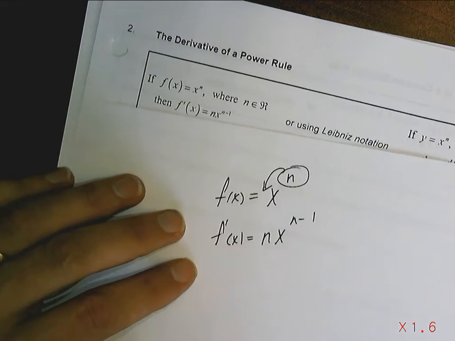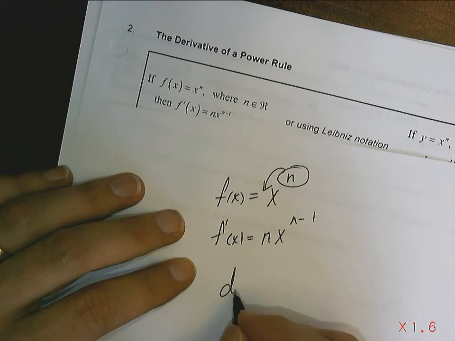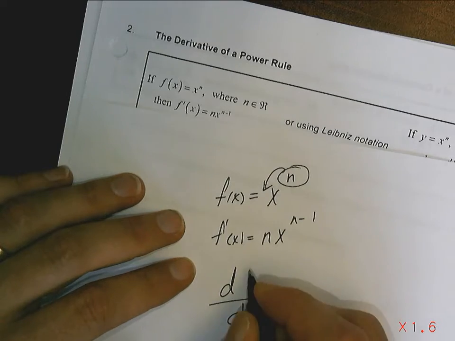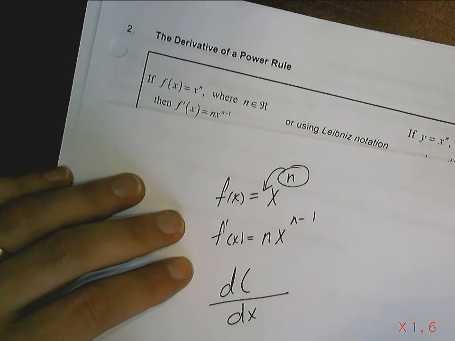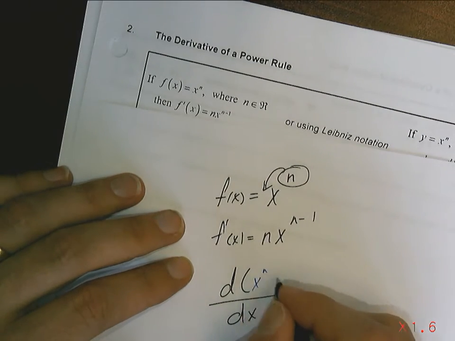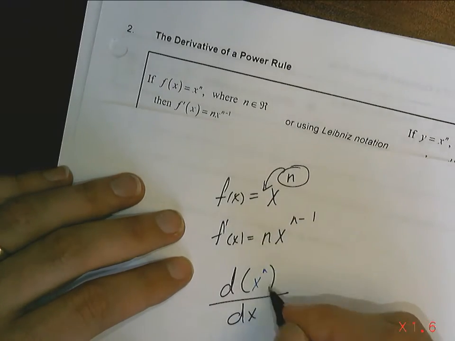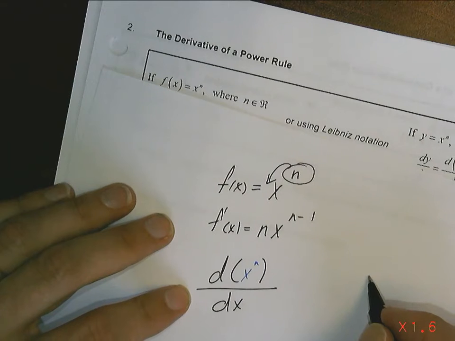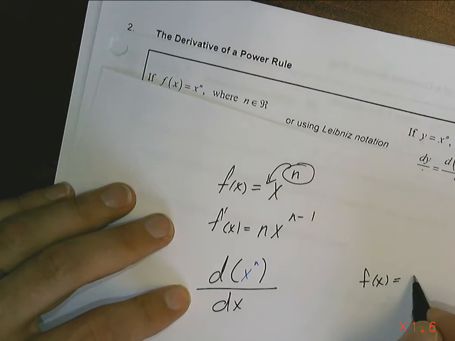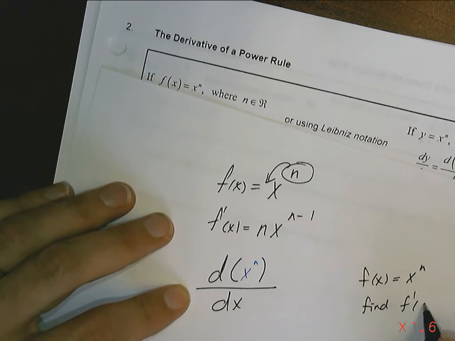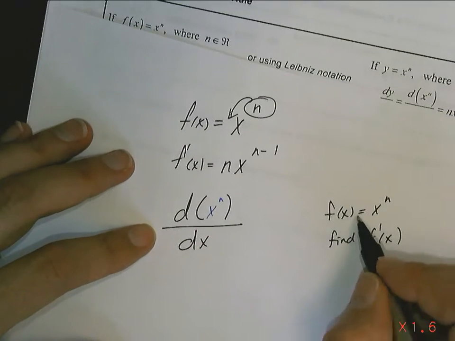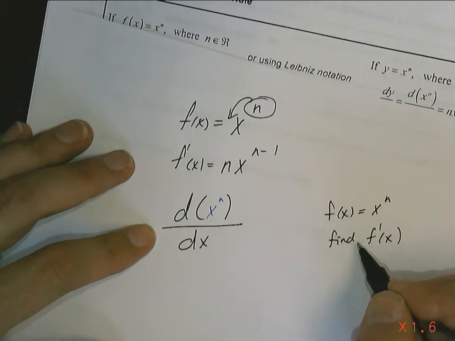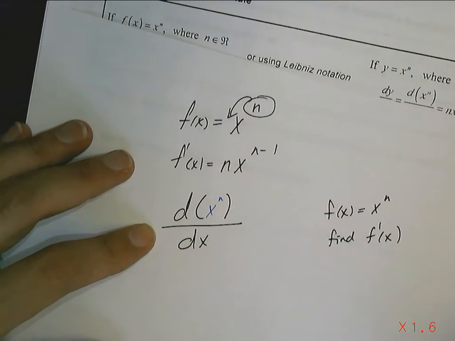Now, Leibniz's notation says the exact same thing as this statement: f of x equals x to the n, find f prime of x. So it takes 2 steps to say what can be said in 1 step in Leibniz's.